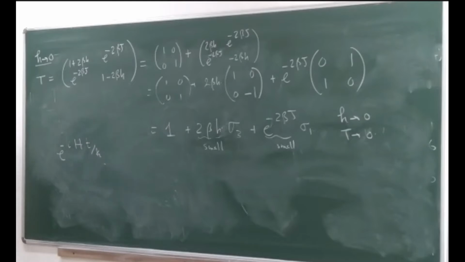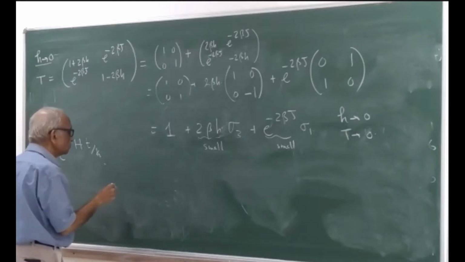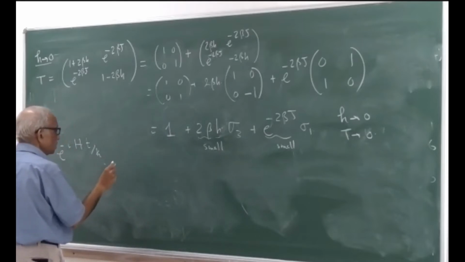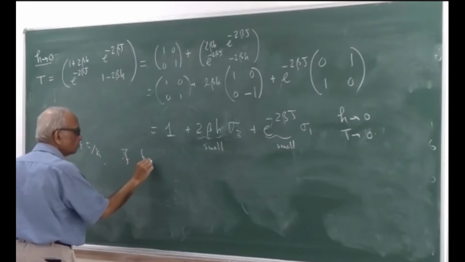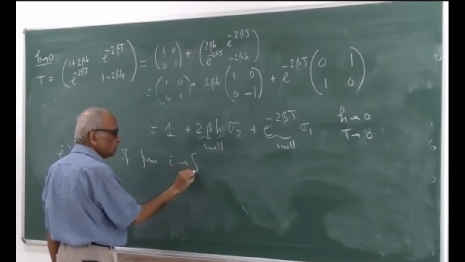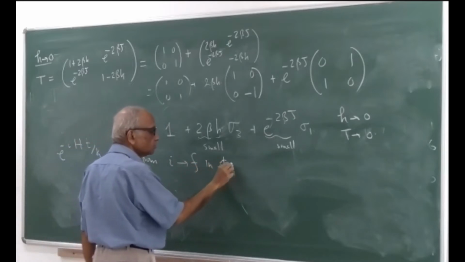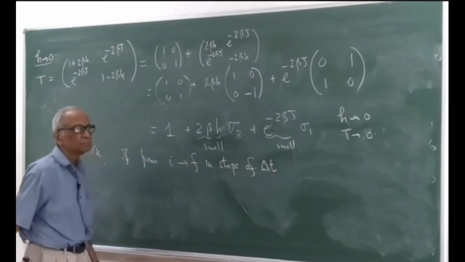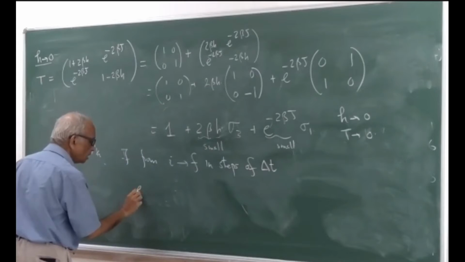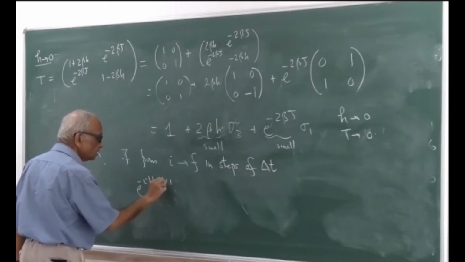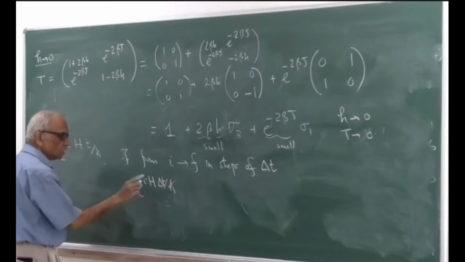And therefore if I go from some initial state to a final state in steps of delta t, then every step is e to the power minus iH delta t over h bar. So that is for a small step.